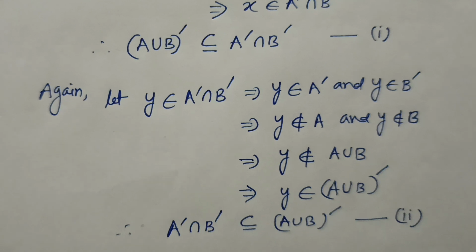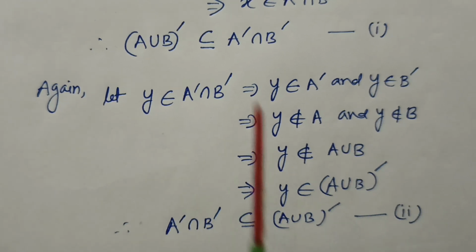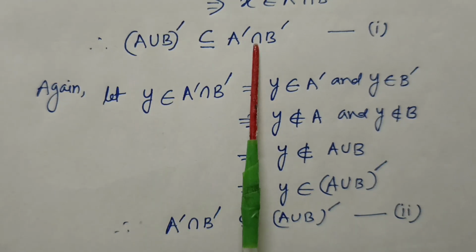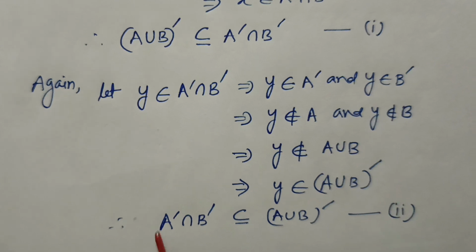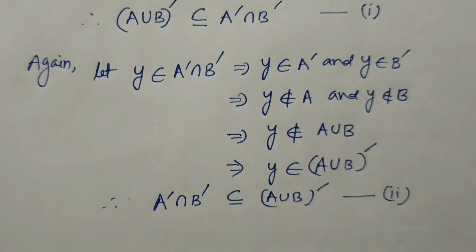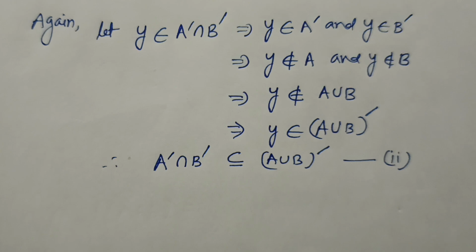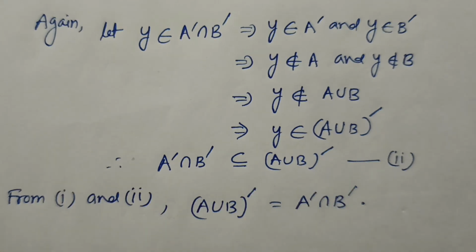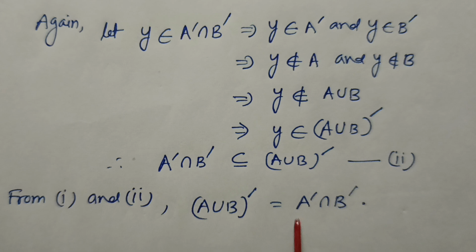We got in number 1 that this set is a subset of this, in number 2, this set is a subset of this. Therefore, by equality of two sets, we can write from 1 and 2, (A union B) whole complement equal to A complement intersection B complement. And this proves the first part of De Morgan's law.